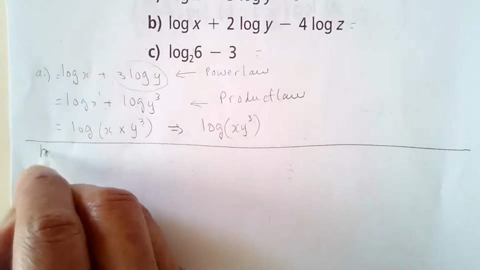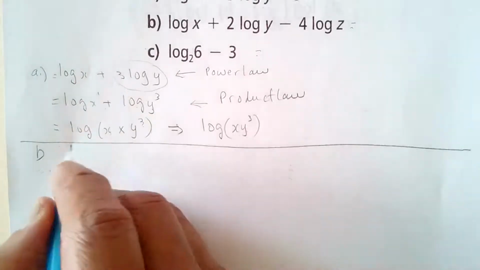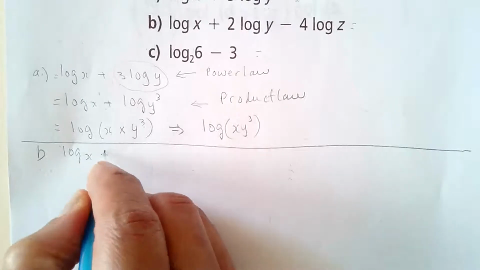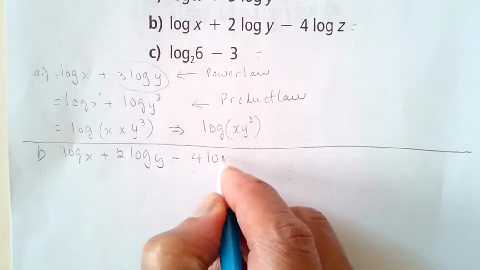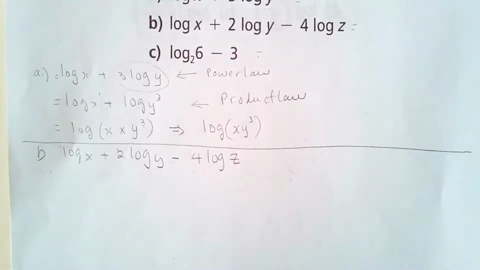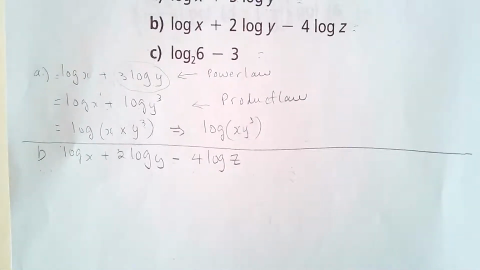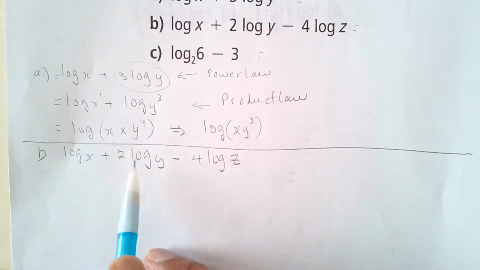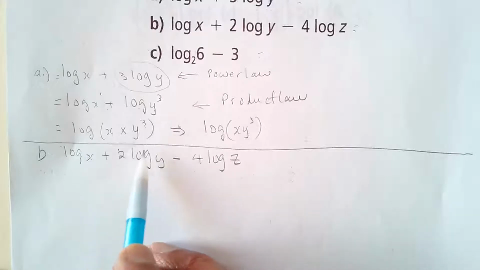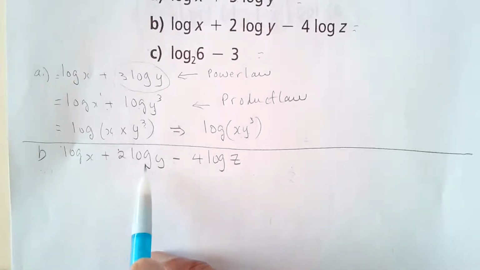Okay, let's look at b. We have log x plus 2 log y minus 4 log z. The first thing we want to do is, in this case, we're going to use the power law here.